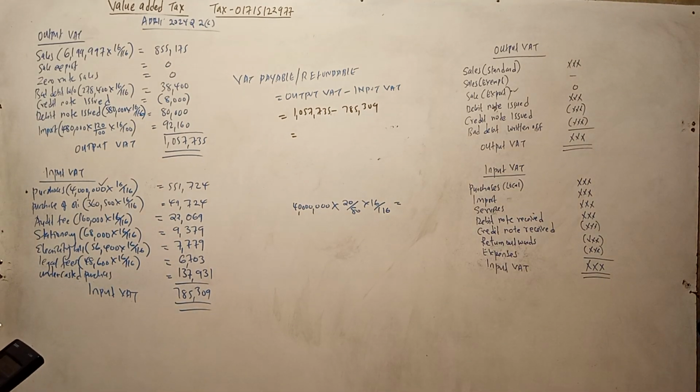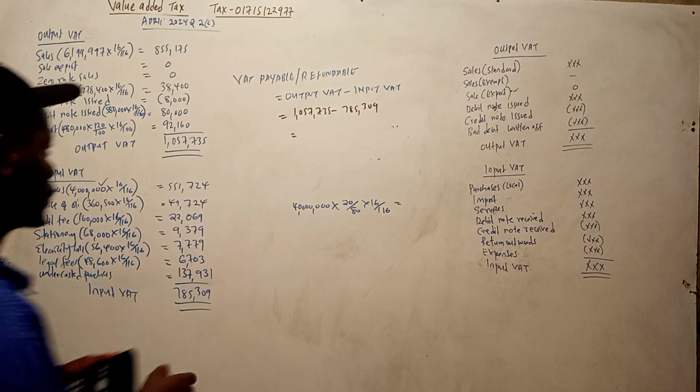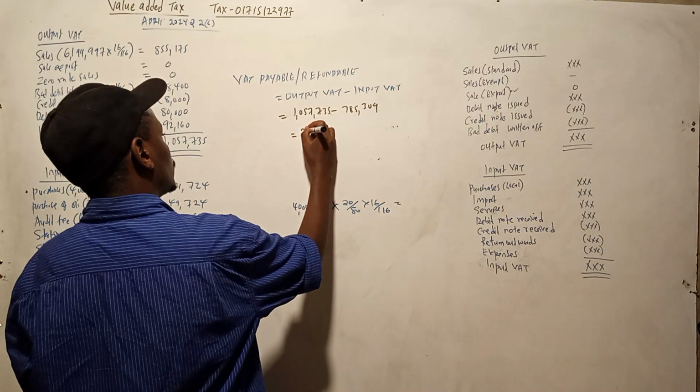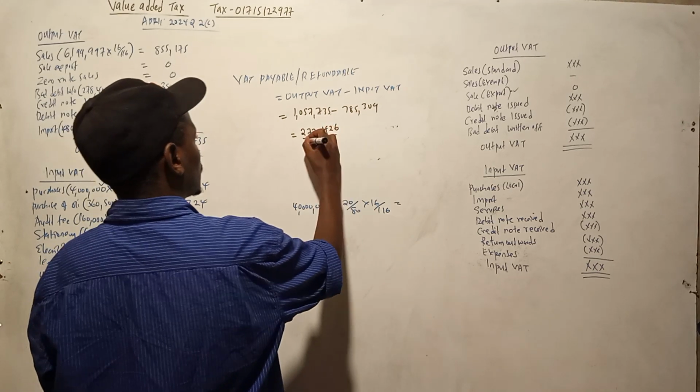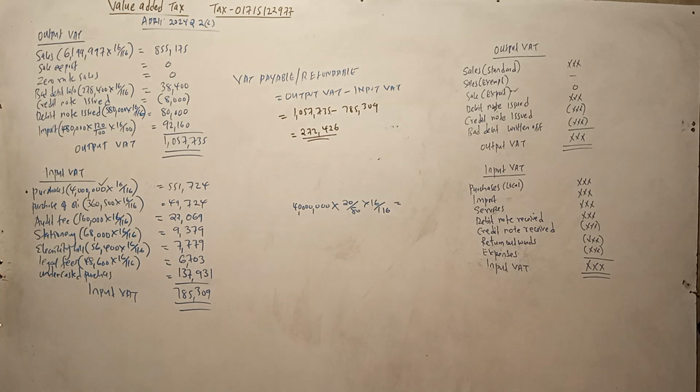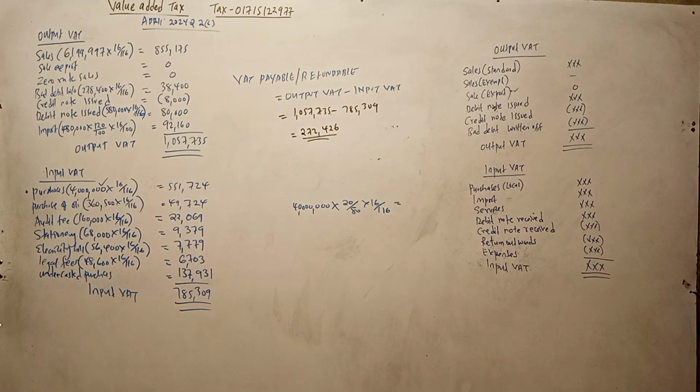So 1,057,735 minus the answer, which is 272,426. I think it will be best if we end the class at that point. So you have a lively night.